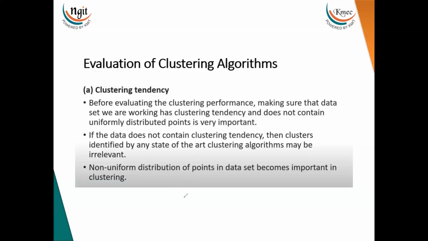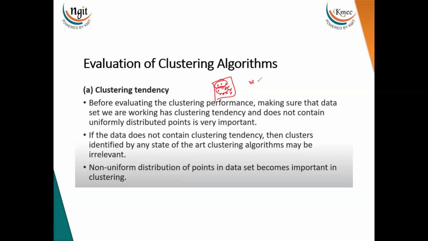It means that if you take a data set with uniform data, where almost all the data points are in circle shape and only two or three data points are not in circle shape, then it may not be easy to cluster that.